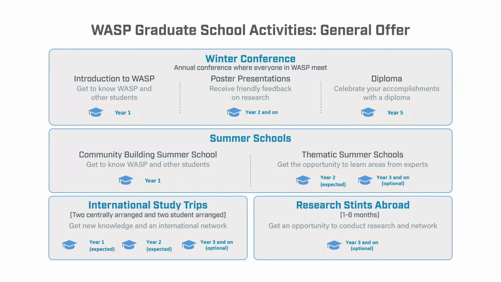We have a kickoff also for the supervisors. The second year and the other years, the students give poster presentations and they receive friendly feedback on their research. And they can also discuss with their friends and colleagues. And of course, this is also a very important time for networking to build up this network for the future.